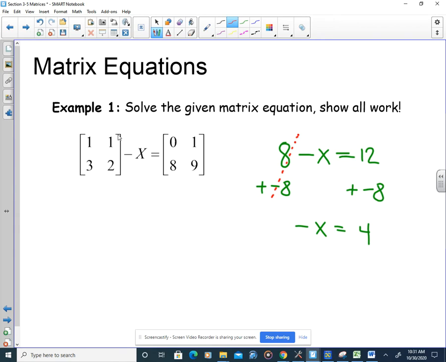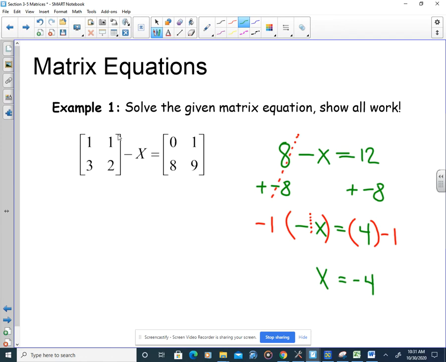Well, there's a -1 here. What I could do is multiply both sides by -1. So what we end up with is x is equal to -4. So now we know how we can solve that matrix equation. It took us 2 steps to solve the green equation, so it's going to take us 2 steps to solve the matrix equation.